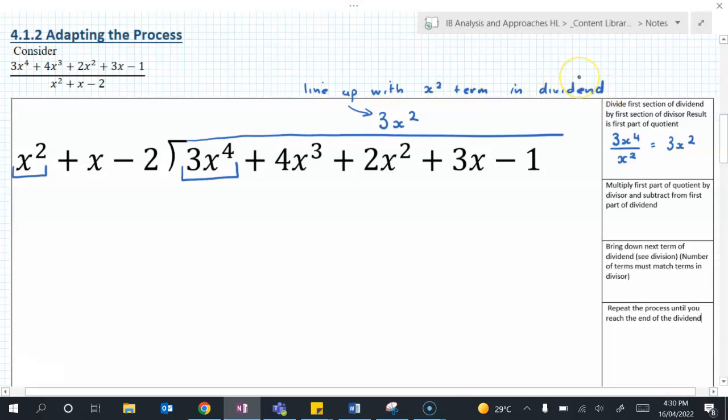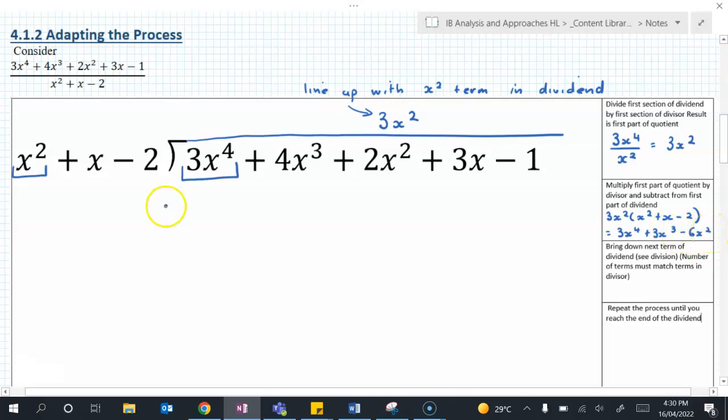So that's 3x squared. Okay, now it says multiply the first part of the quotient by the divisor and subtract from the first part of the dividend. So like we do in long division, we take the 3x squared and we multiply it by this entire divisor. So 3x squared times x squared plus x take 2 gives us 3x to the power of 4 plus 3x to the power of 3 take 6x squared.